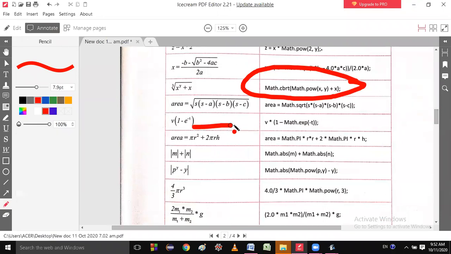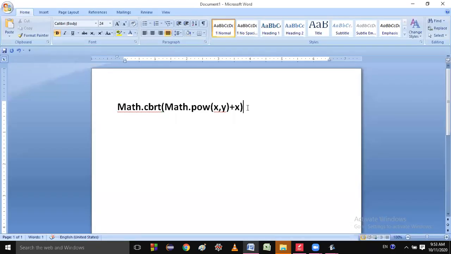But the last step: we multiply 1 minus e power 2. So how will you write it? We multiply bracket 1 minus Math.exp. Exp is called exponent. Do you know exponent in mathematics? I already explained in Java also.